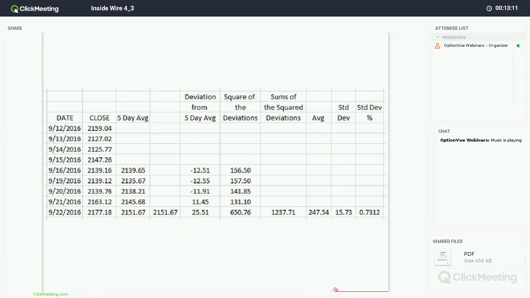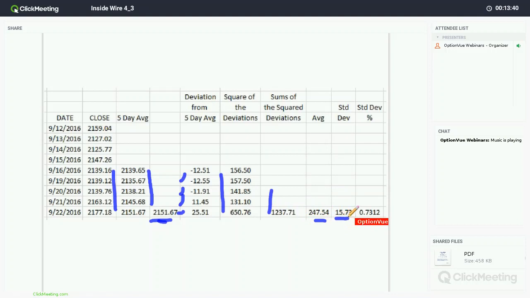And so here's what we did. I'm walking you through the process, and I have this in that February 12th, 2012 presentation where we look at the closes, we take the 5-day average, and then we take the difference for each of the last 5 days and this particular day's average, get the sum of the deviations, sums of the square deviations, and get the average.